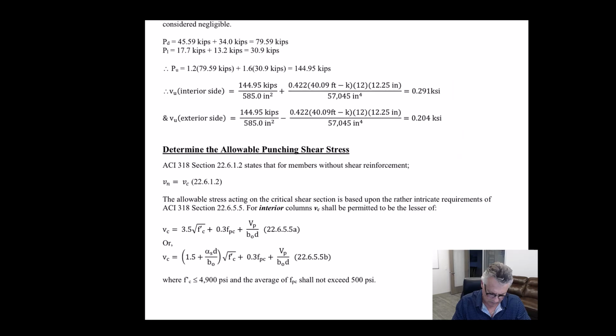So 3.5 square root f'c, that kind of looks familiar, doesn't it? Plus 0.3 fpc, plus a vertical shear portion, the vertical component of the pre-stressing.